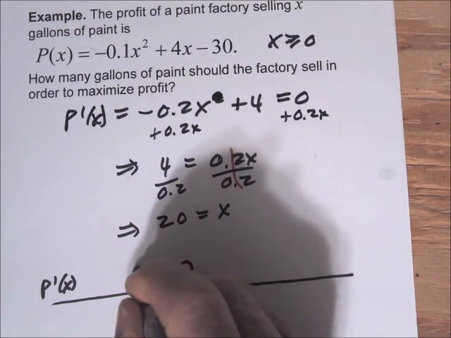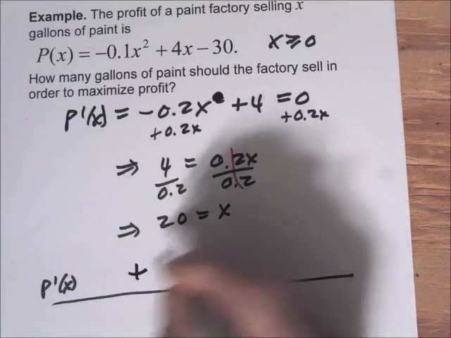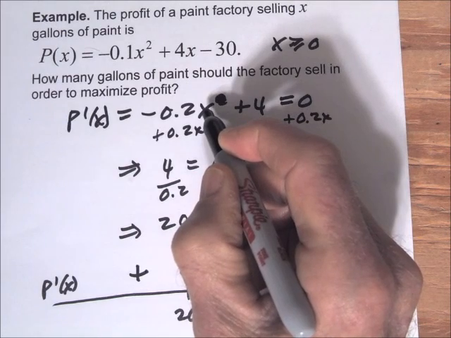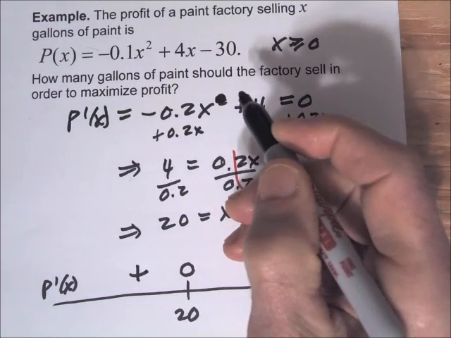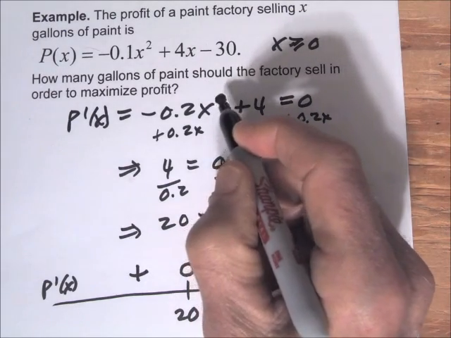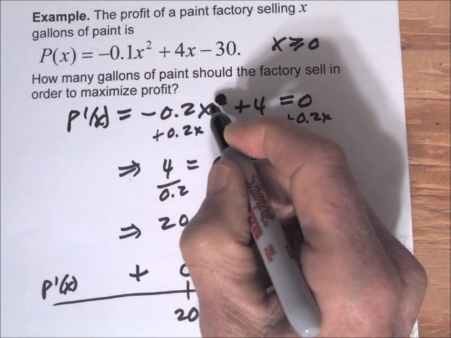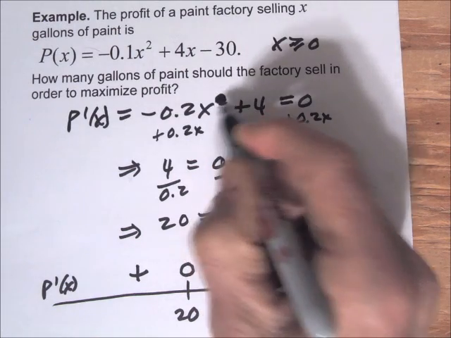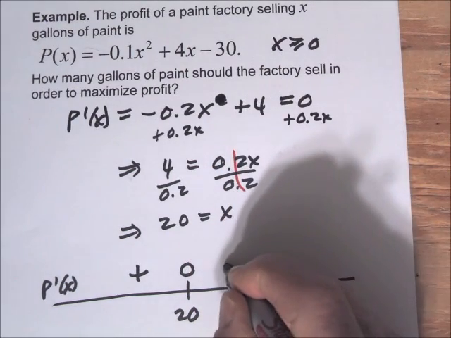That's going to be positive. And if X is more than 20, for example, if X is 30, 0.2 times 30 is negative 6, and negative 6 plus 4 is negative 2, so it's going to be negative.